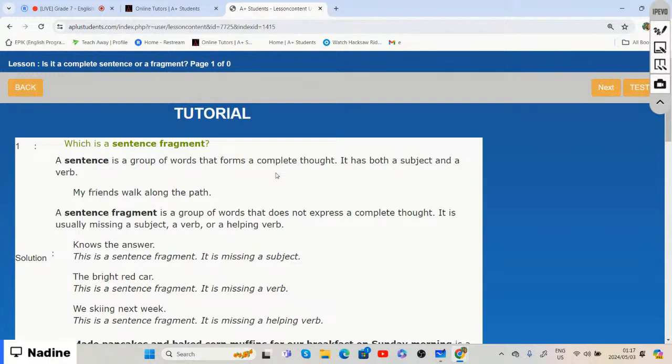All right. So we say that a sentence fragment is a group of words that does not express a complete thought.